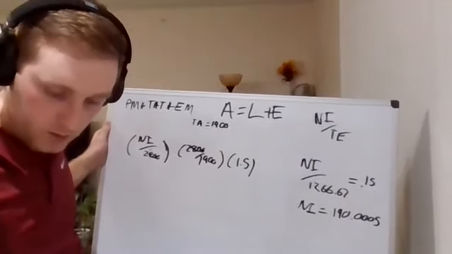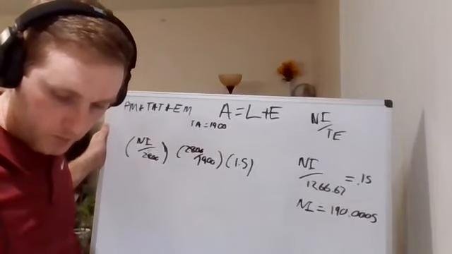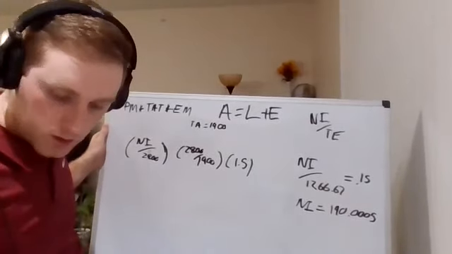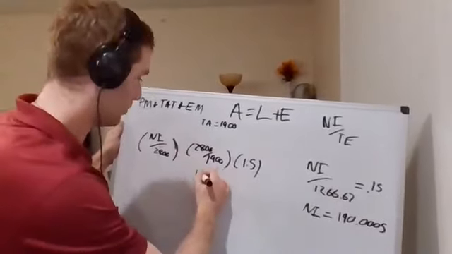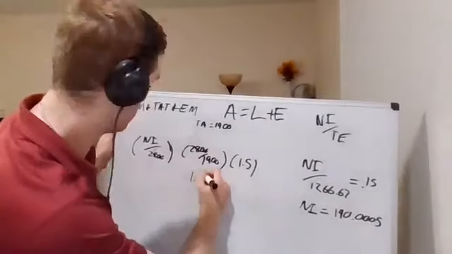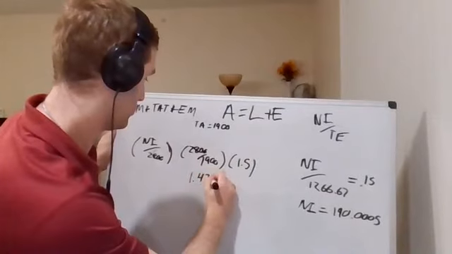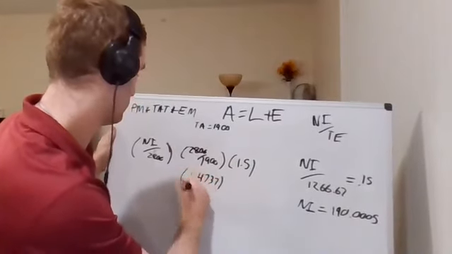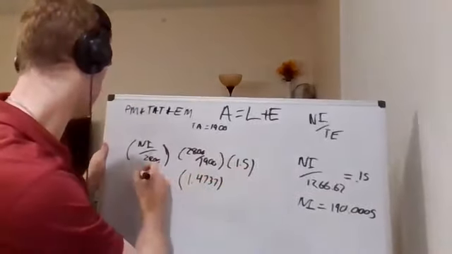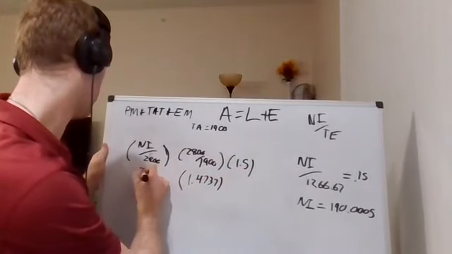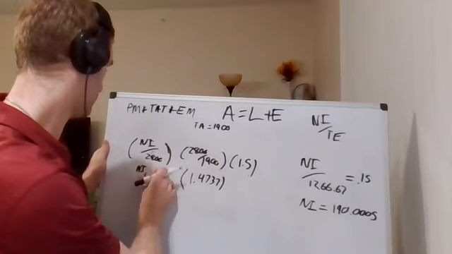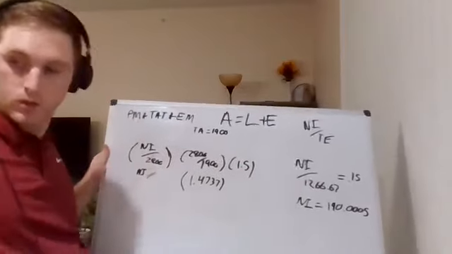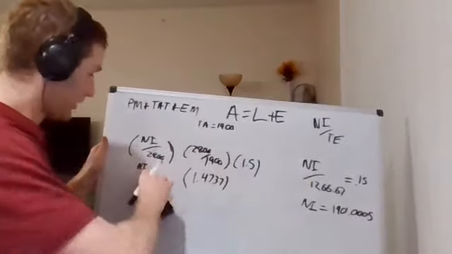Let's do 2,800 divided by 1,900. That gives us 1.4737. This one will just wind up dropping down, and then we've got here net income. Net income still over the 2,800 because we can't break that down yet.